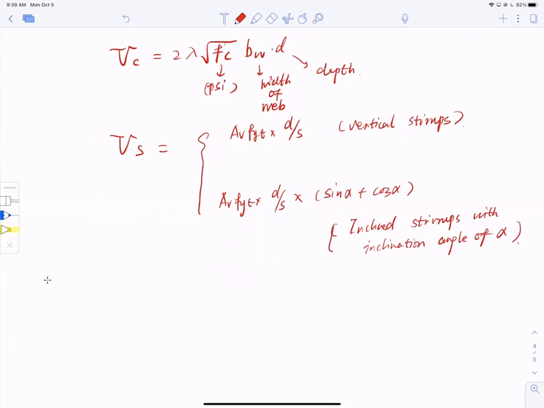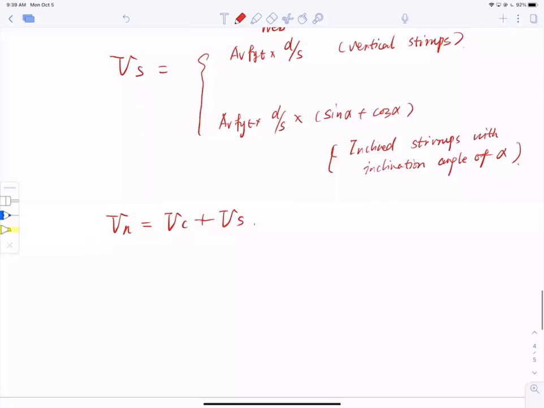All right. So together, the total shear resistance Vn equals Vc plus Vs. And we have to ensure that phi Vn, that is phi times Vc plus Vs, has to be greater than or equal to Vu.